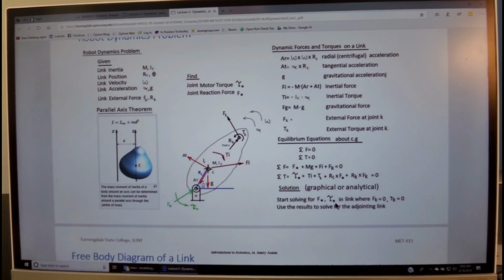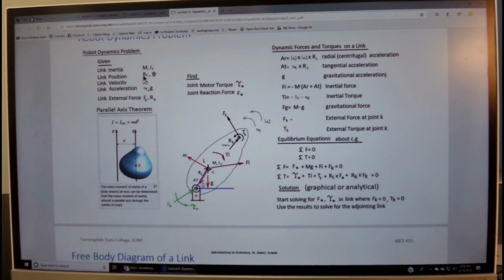This represents the basic definitions of the various parameters and variables related to the dynamics problem. We will define the link inertia, the mass, and the moment of inertia. The mass is fixed. However, the moment of inertia depends on the reference frame in which we describe it. We'll take a look at this in a little while.